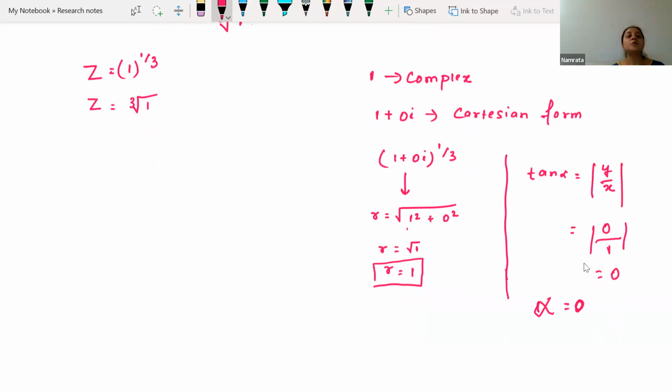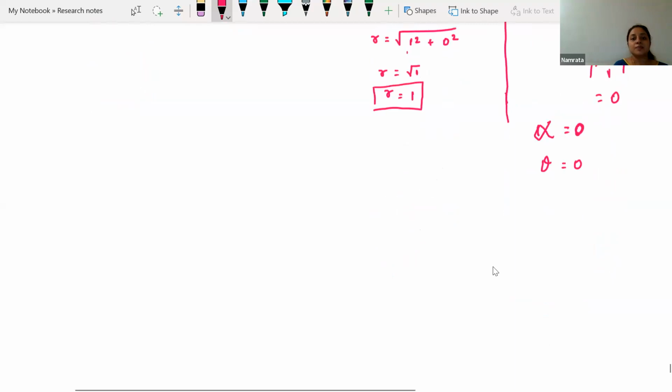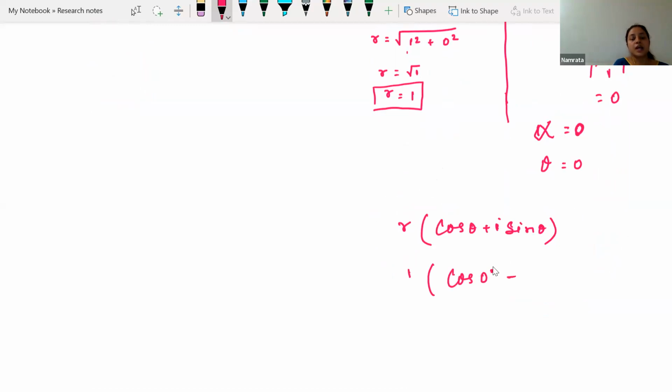How? Just by looking at the quadrant. Which quadrant will this complex number be lying in? Both x and y are not negative, so it will be lying in the first quadrant. And in the first quadrant, alpha and theta are both the same. So we can say theta is also 0 degree. And our polar form became r cos theta plus i sin theta, that is, r is 1, cos 0 plus i sin 0.